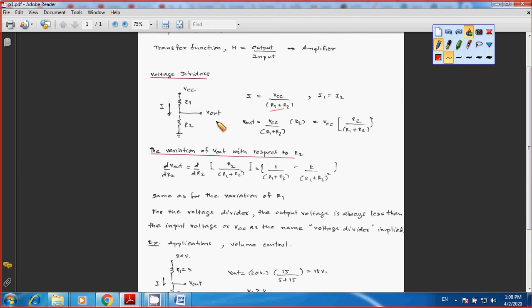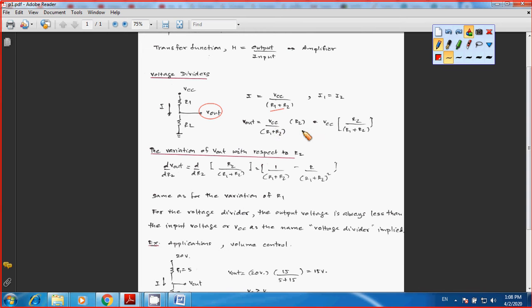And then your V out from the picture here, or from the circuit, is going to be the voltage drop across resistor R2, or by applying Ohm's law, this means V out is going to be equal to I times R2, and you know that your current is equal to VCC over R2 plus R1, or the net resistance of your circuit.